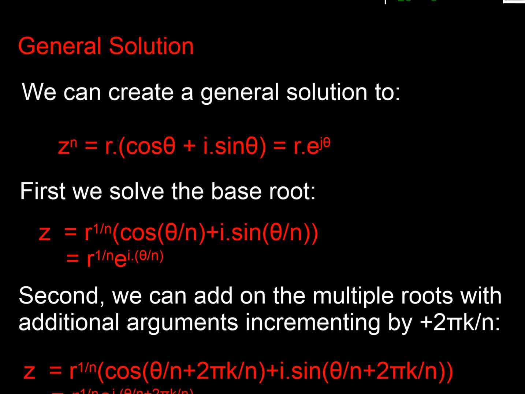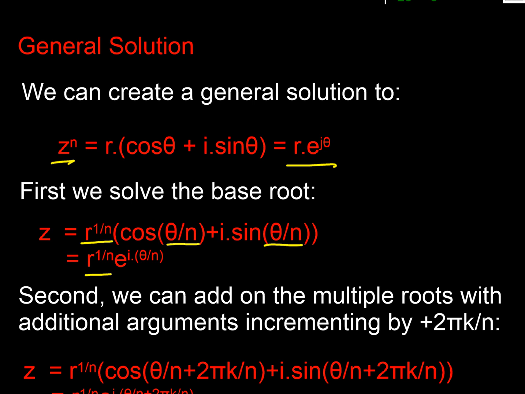quickly, that if we took a generalized position that z to the n equals r e to the j theta, then using what we did above, we would see that our base point is going to be z, well, the magnitude or modulus is going to be the nth root, so that's going to be r to the 1 over n. And then our angle, well, if we're going to the nth root, then we're going to divide our angle theta into n parts, so we get theta over n.